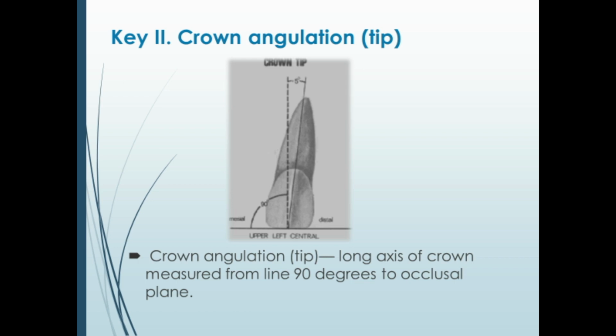The long axis of the molar crown is identified by the dominant vertical groove on the buccal surface of the crown.